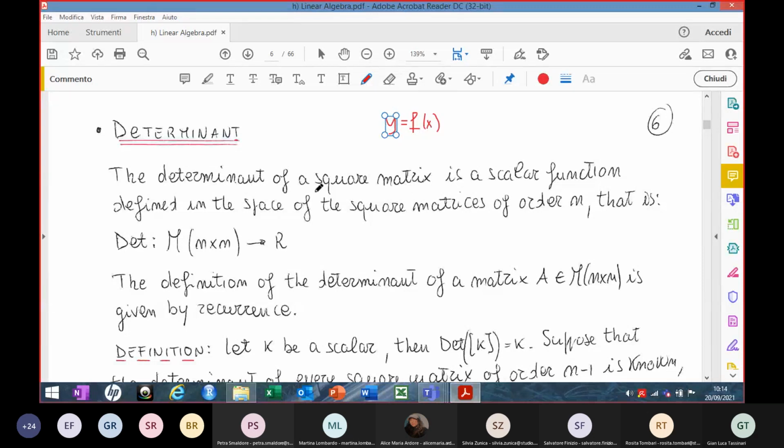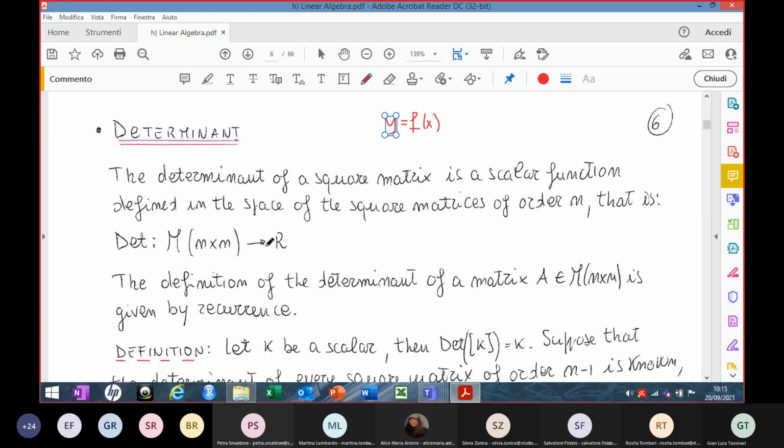So the determinant essentially is a function that assigns to each possible square matrix a number. In particular, the domain is represented by the set containing the real matrices. M n times n is the space containing all the real matrices with n times n elements, that is square matrices, and it assumes values in R.